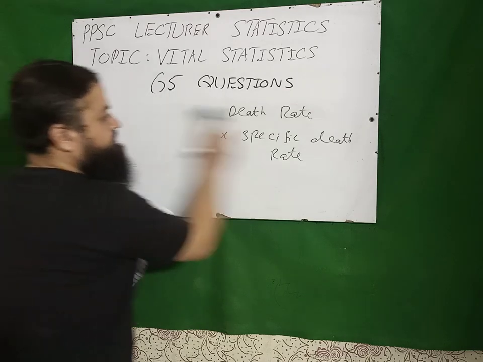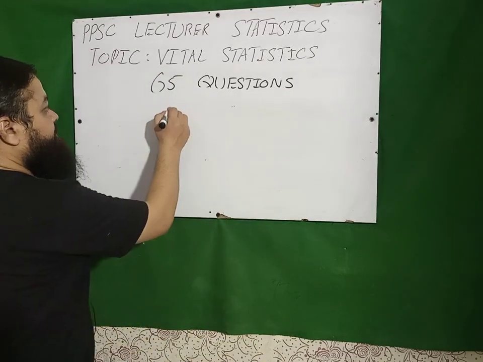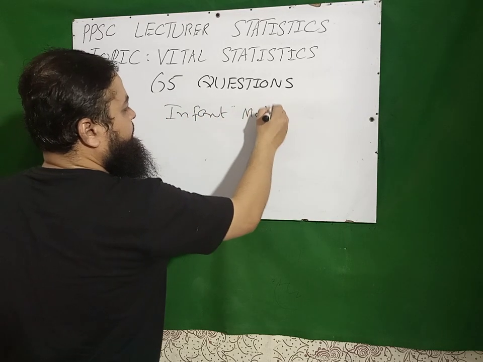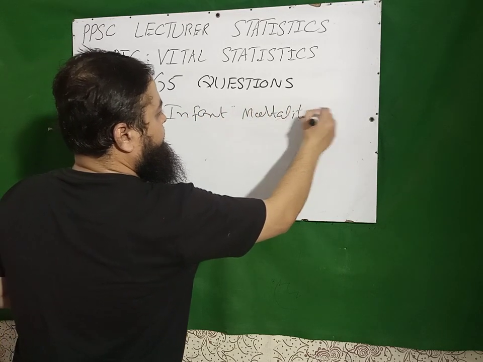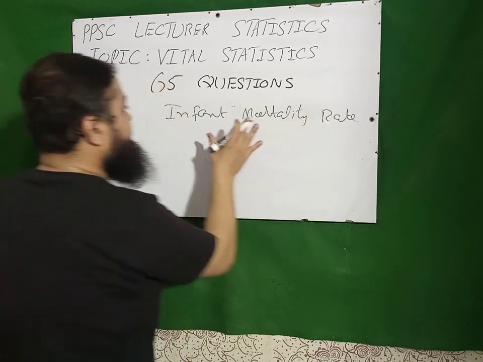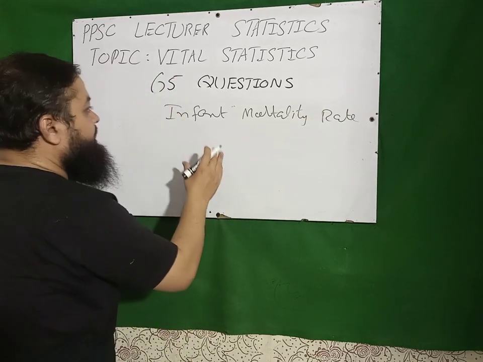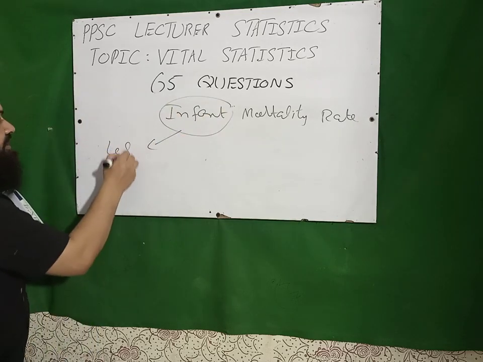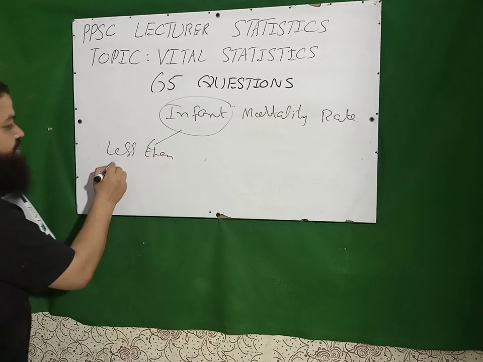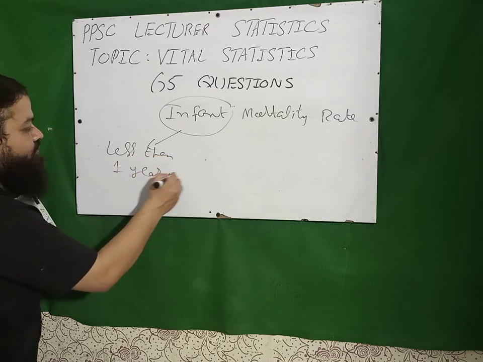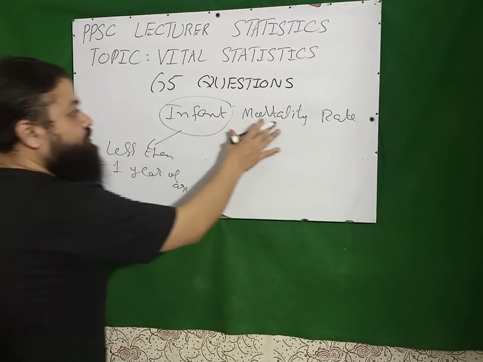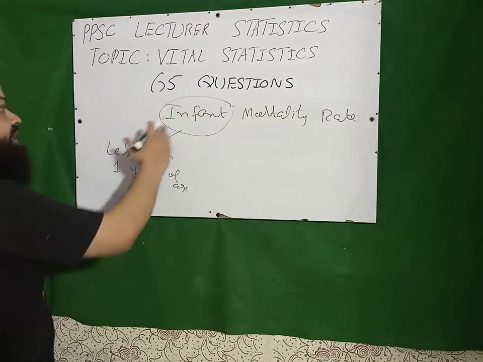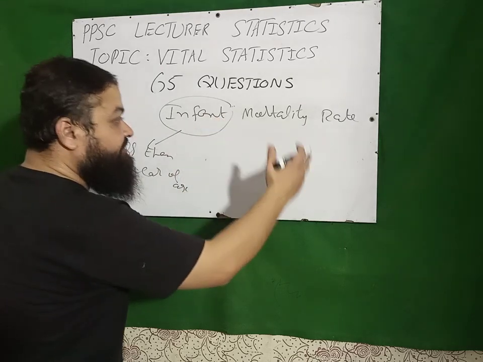Next question is a very important one, infant mortality rate. It is the ratio between the total number of deaths of infants less than 1 year of age to the total live births registered.